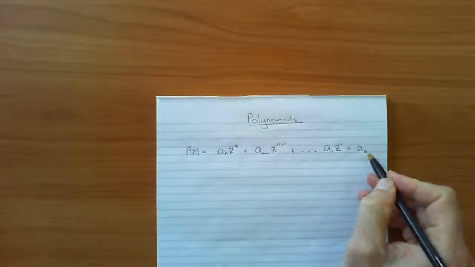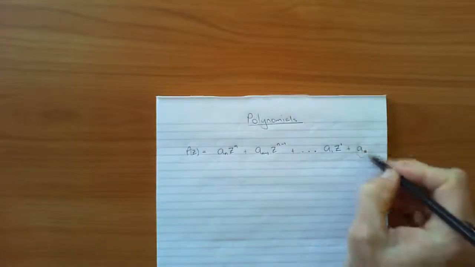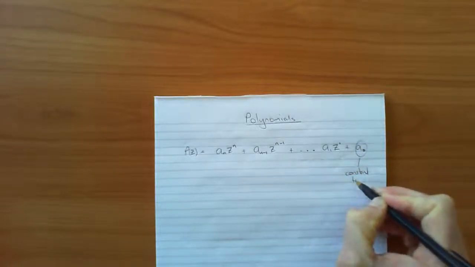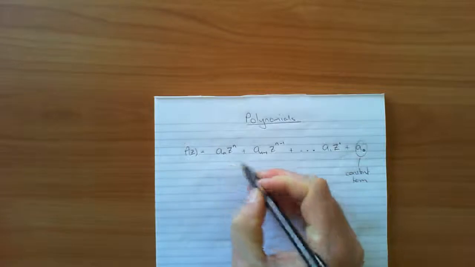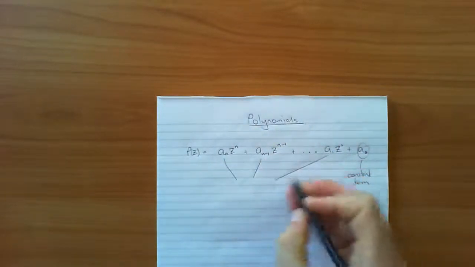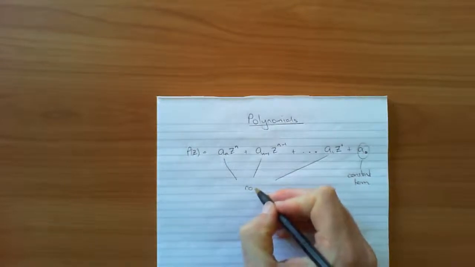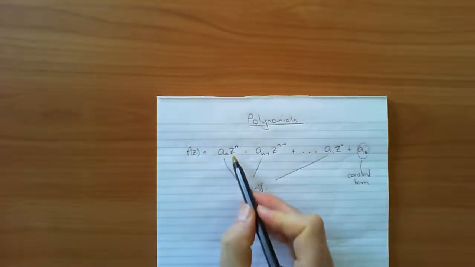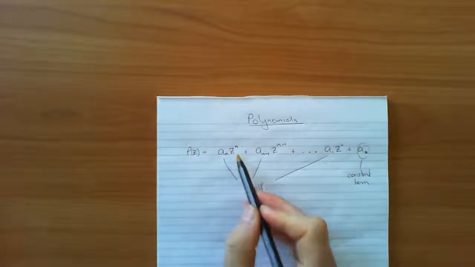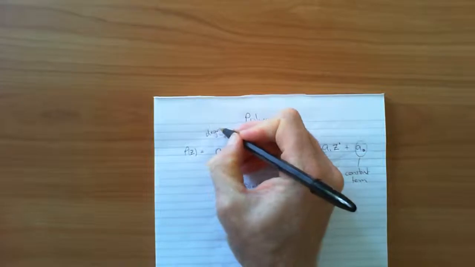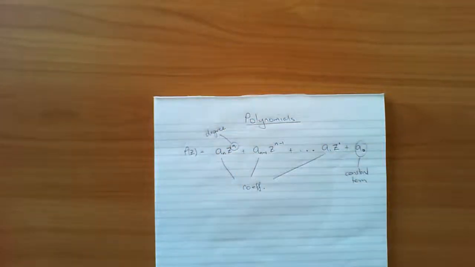So this is what we call our constant term. All the a's are called our coefficients. They're the numbers in front of our variable z. n is called the degree of the polynomial.